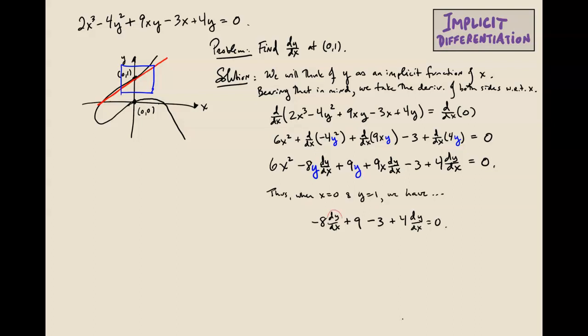And as promised, the only unknown here is dy dx, so we can just solve for it. Well, these guys become 6, and this collapses to minus 4 dy dx, like so, and solving for dy dx gives us 3/2. That is, the slope of the curve at 0, 1 is 3/2, and we are done.